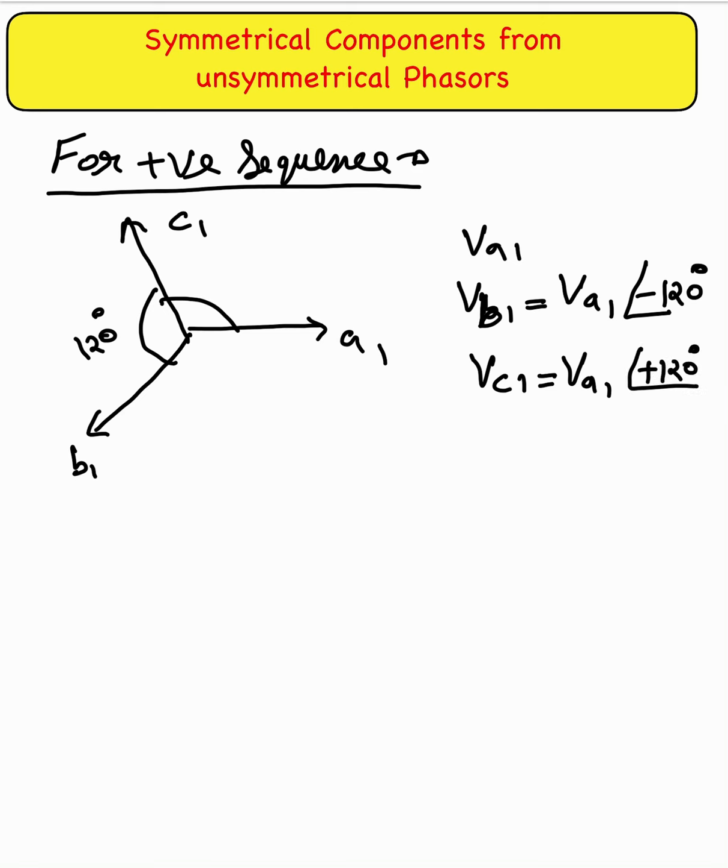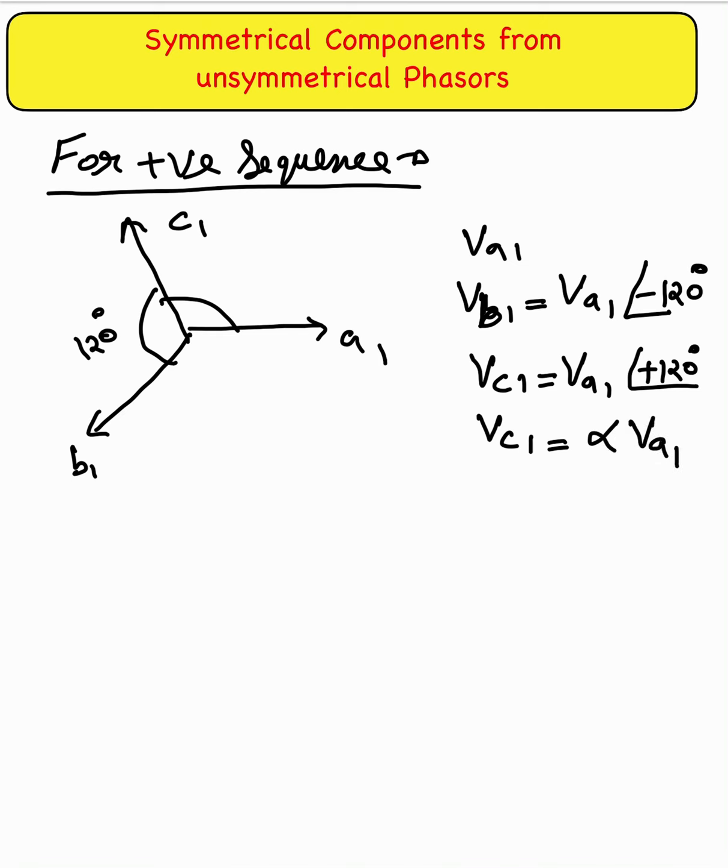So this is VC1. In the previous lecture we discussed the operators. So we can write VC1 with a positive angle of 120 degrees, and 120 degrees means alpha. So VC1 is alpha VA1.